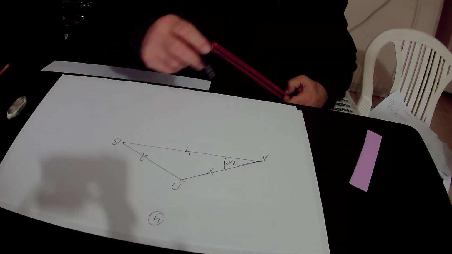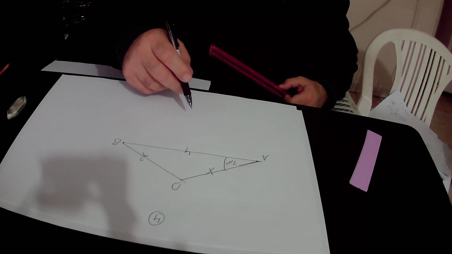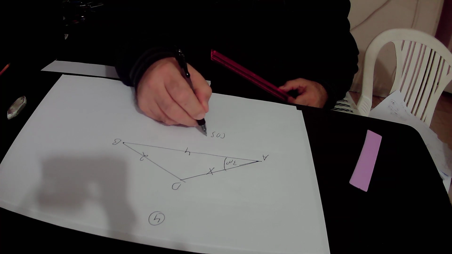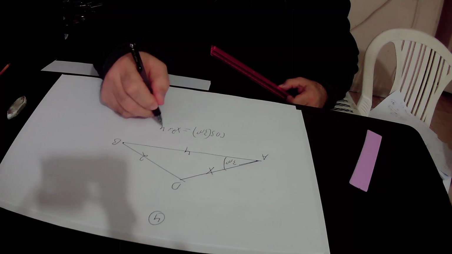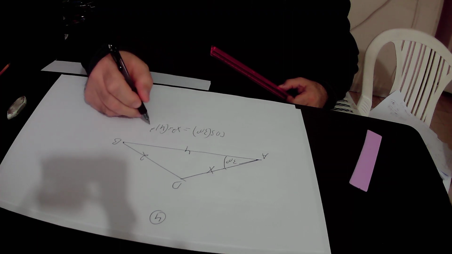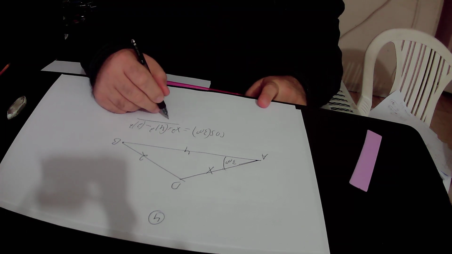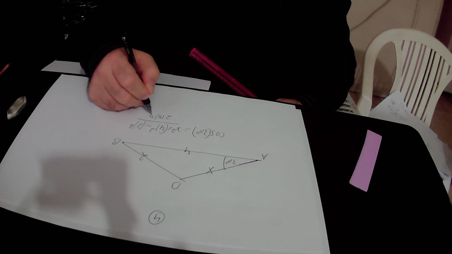We will implement the law of cosines in triangle ADB. According to the law of cosines, cosine 30 degrees will be equal to x squared plus 4 squared minus 2 squared over 2 times x times 4.